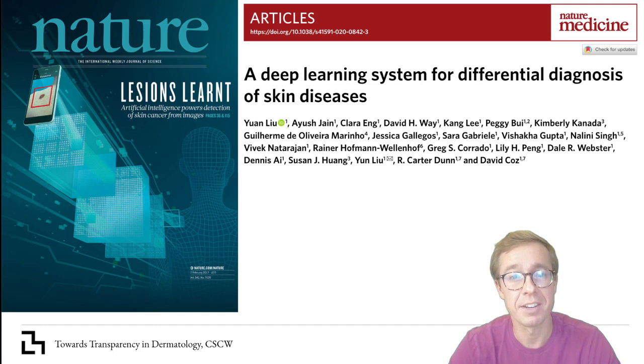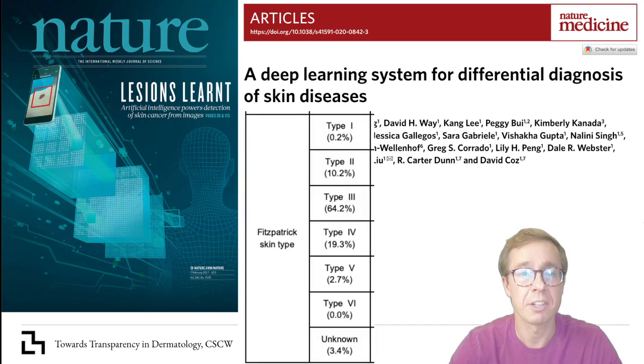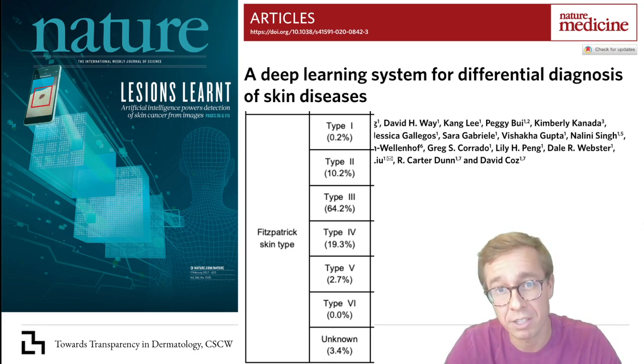However, the Nature paper did not report details on demographic or skin tone information about the images the model was trained or evaluated on. And in the Nature Medicine paper, they did report these details, but only included less than 3% of people with the darkest two skin types.